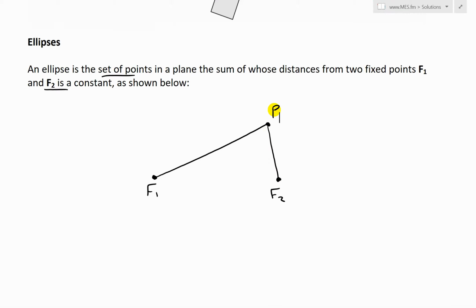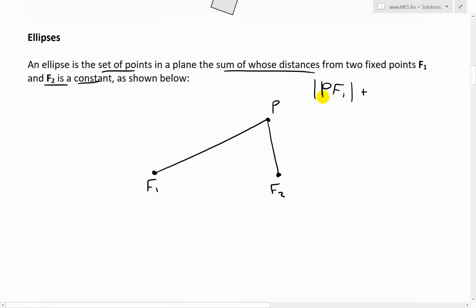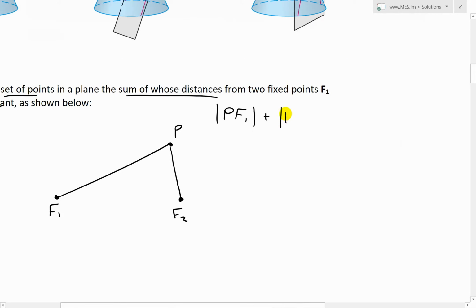Basically, the definition is that the sum of the distances to any point on this curve is going to be constant. So for example, PF1 plus PF2, the distance from here to here, is going to be constant, and that's basically the definition of an ellipse.